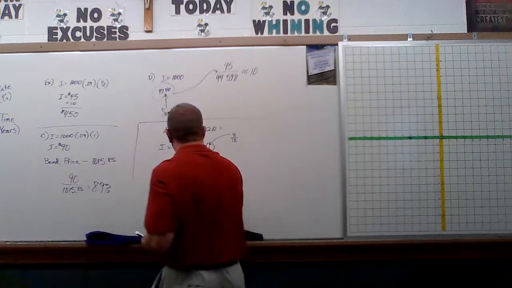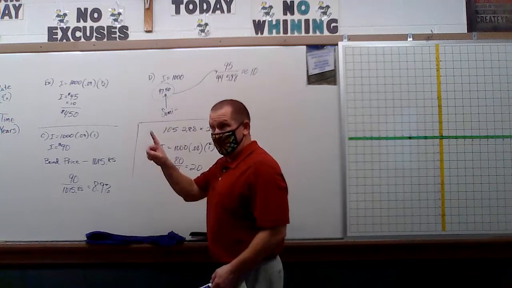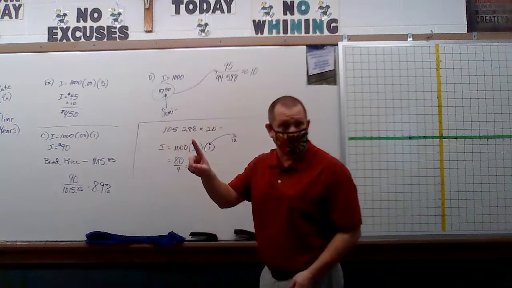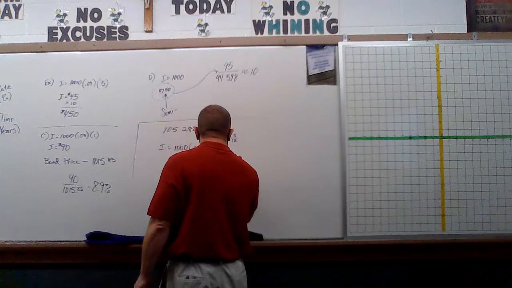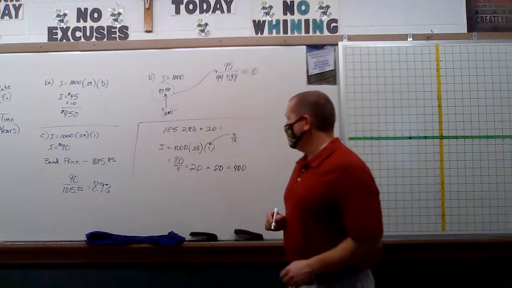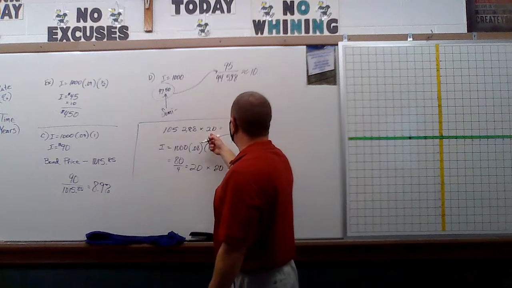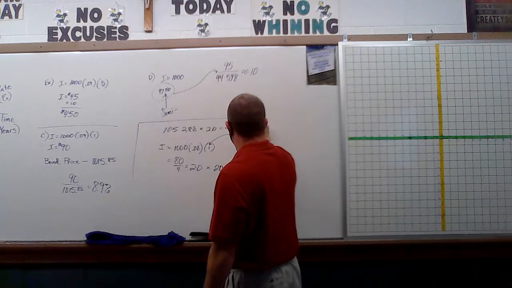But this is for what? Only 1 bond. How many do I have? 20. So I'm going to take 20 times 20. So we end up with $400. So did anybody do this number? Yeah. It's $21,057.60.